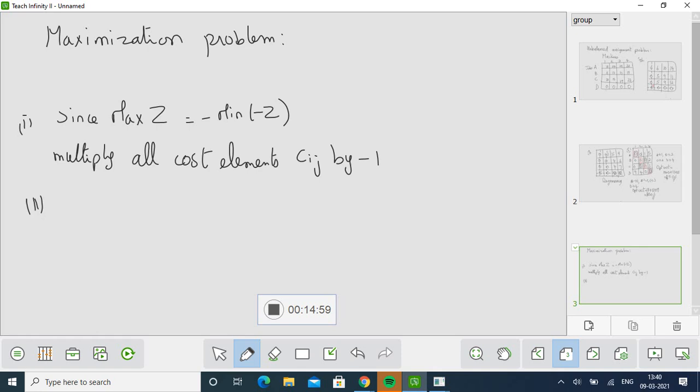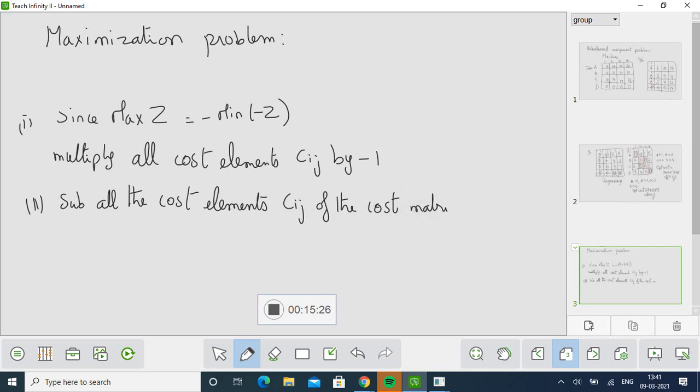Number 2: subtract all the cost elements Cij of the cost matrix from the highest cost element in the cost matrix.